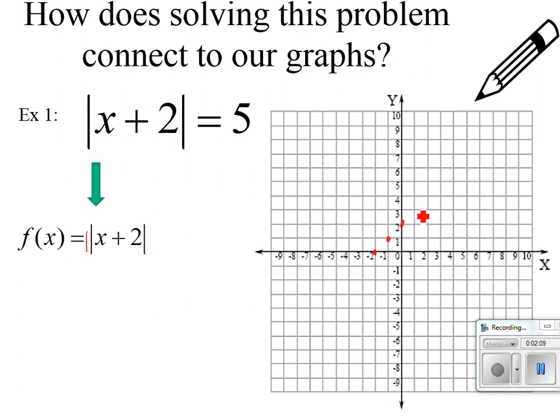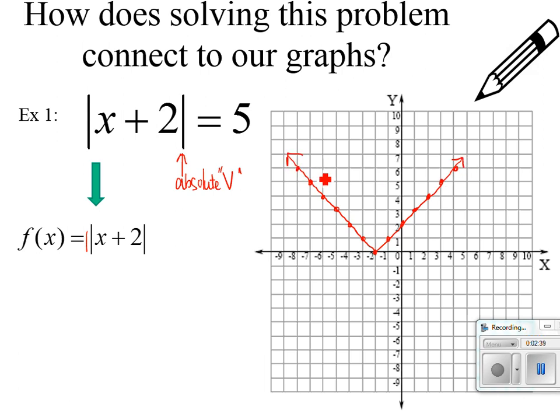And remember, we know this is a V because these are absolute value signs, and absolute value means V. So I'm going to do up 1 over 1 on both sides, and then I would draw my lines to make the V.